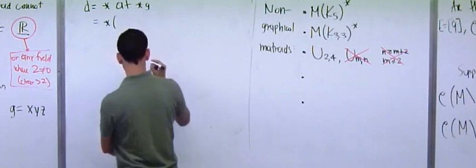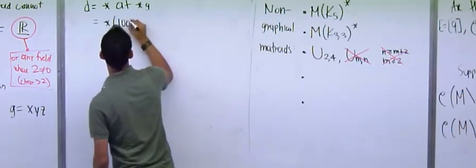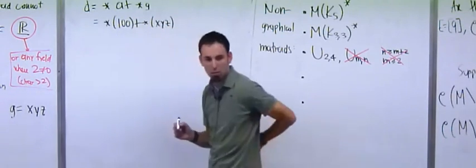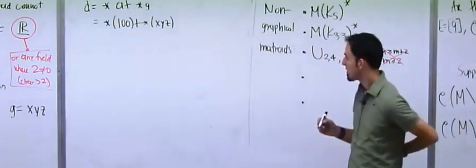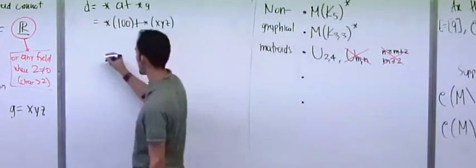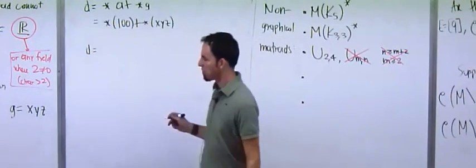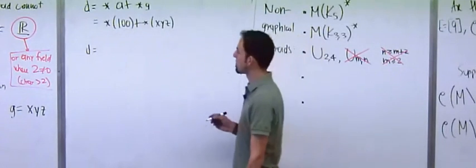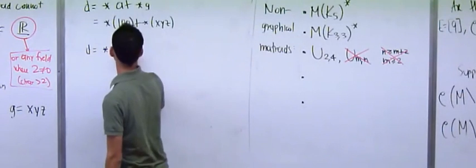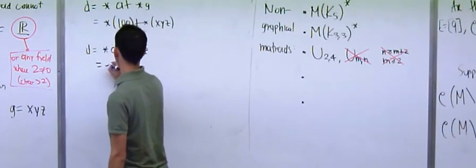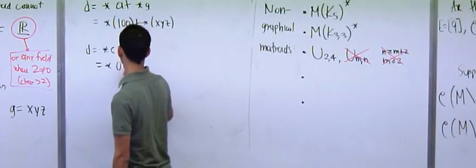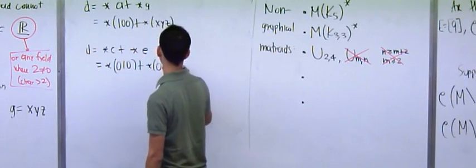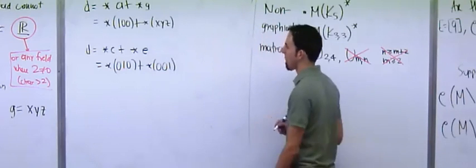And A is 1, 0, 0, and G is x, y, z. I know that D has that form. But also, D is supposed to be dependent with C and E. So I can write it as a combination of C and E. And C is 0, 1, 0, and E is 0, 0, 1.